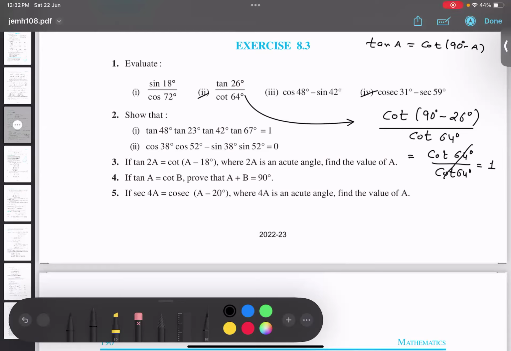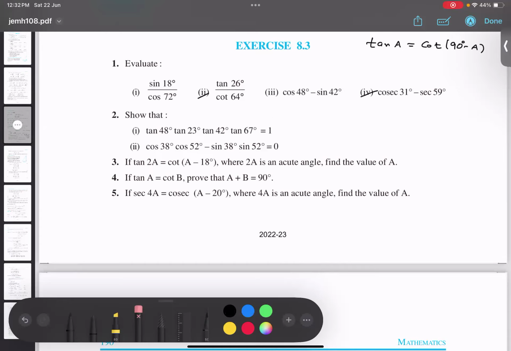I'm doing the fourth part now. In the fourth part, can you see cosec and sec? They are related. So cosec A can be written as sec (90 minus A).